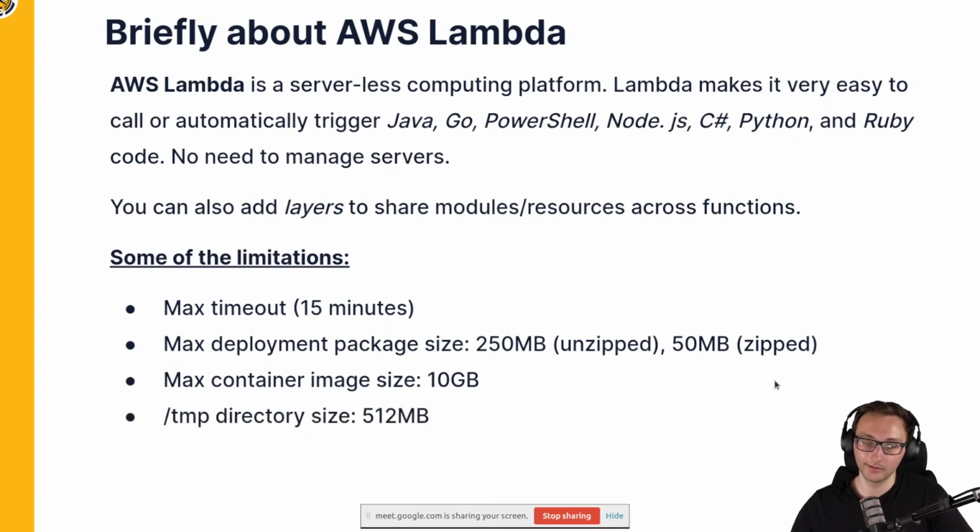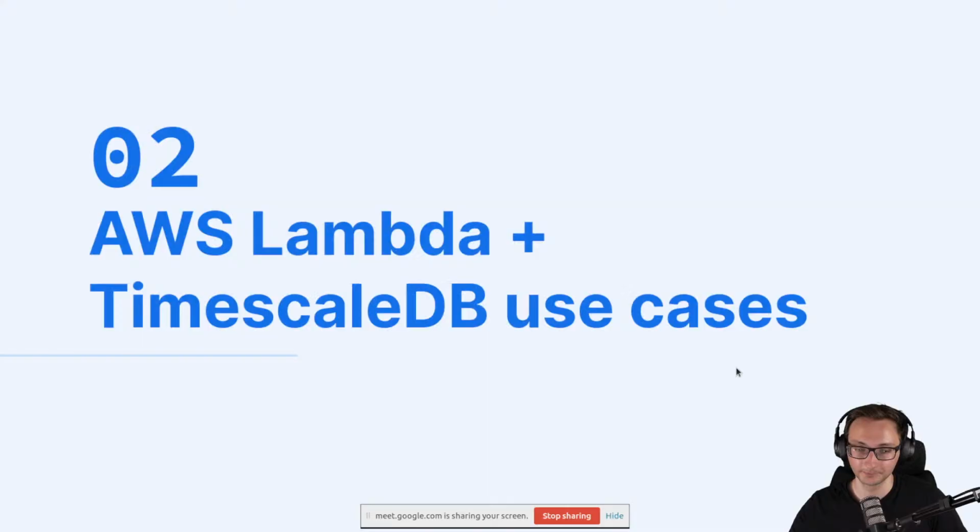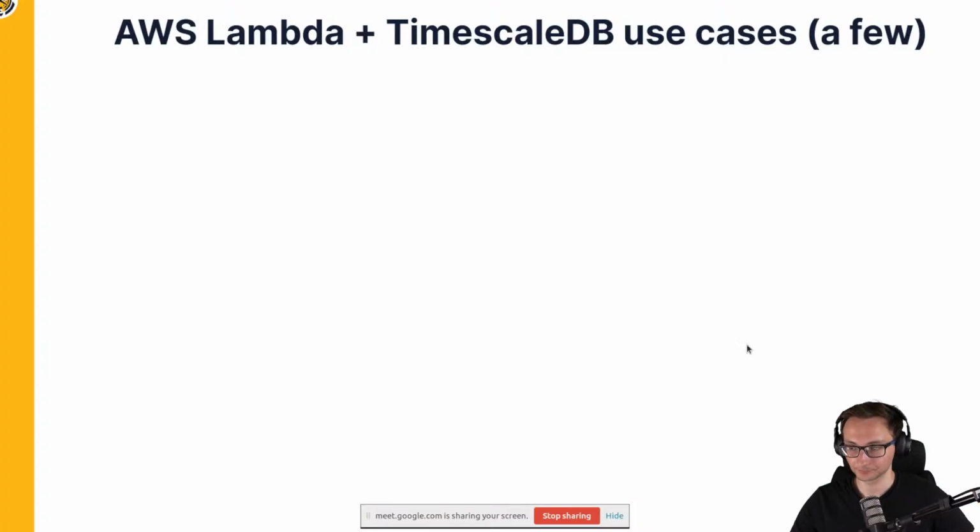And also in your function, you can utilize a temporary directory that Lambda provides. The size of the directory is 512 megabytes.